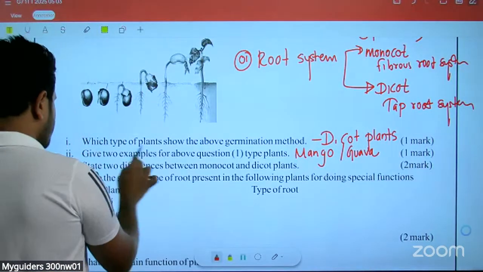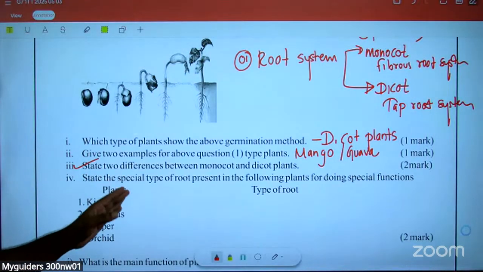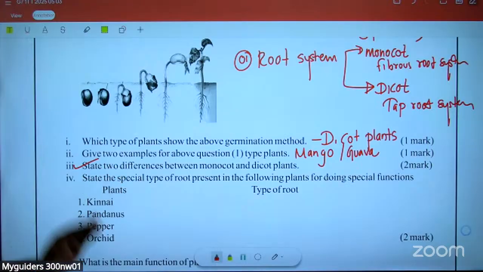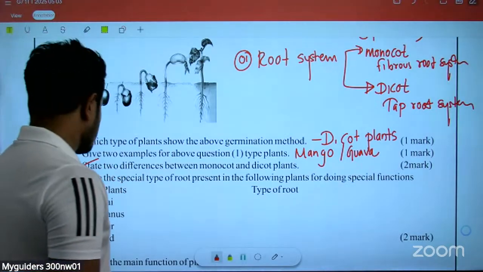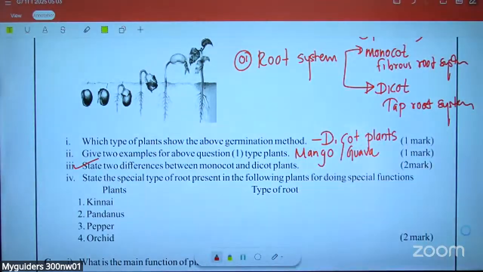Next one. State the special type of root present in the following plants for doing special functions. Right? Doing special functions.